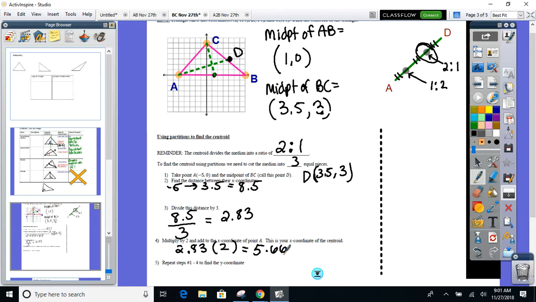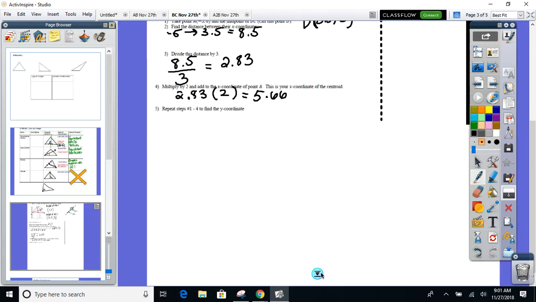5.66. So if you want to get to the centroid, that 2 to 1 point, I need on the x-axis to travel how many units? 5.66 from where? Where did I start on the x-axis? -5.